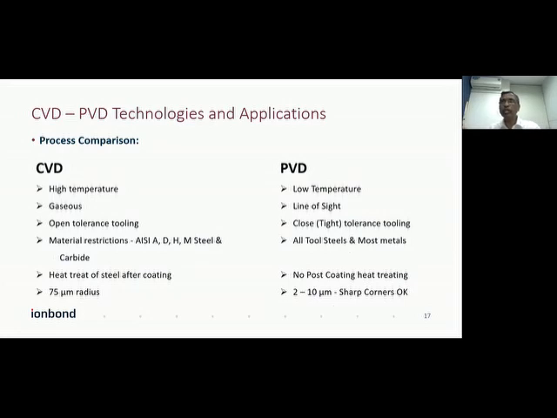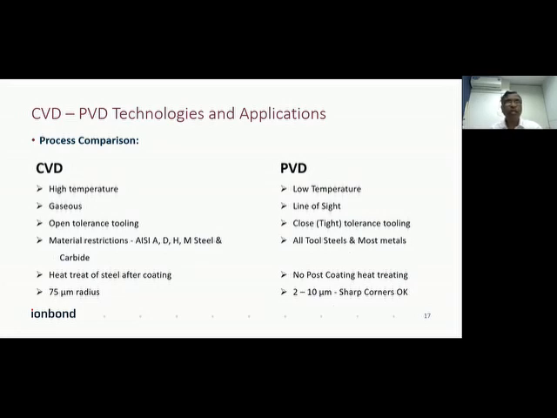Even nowadays, plastic is being coated through PVD, since the process temperature is still below the melting temperature of the plastic. And CVD is a gaseous process, whereas PVD is a line of sight process.